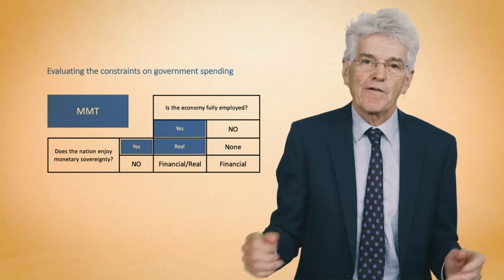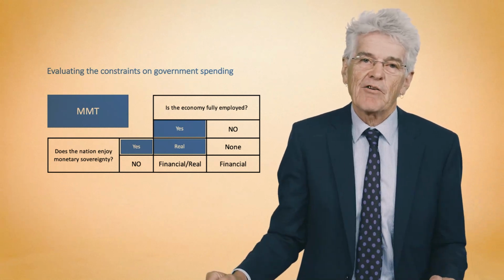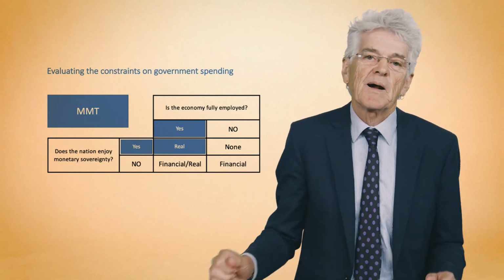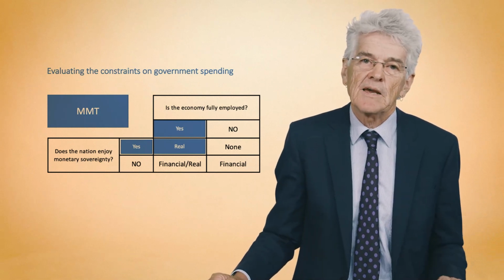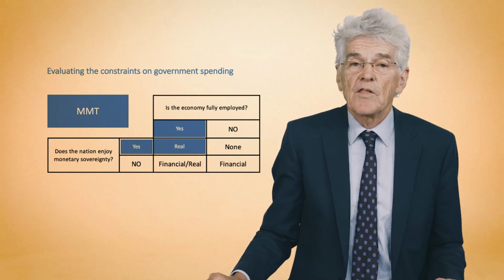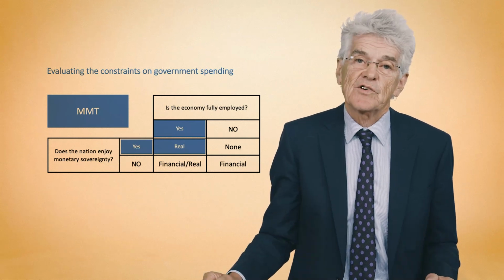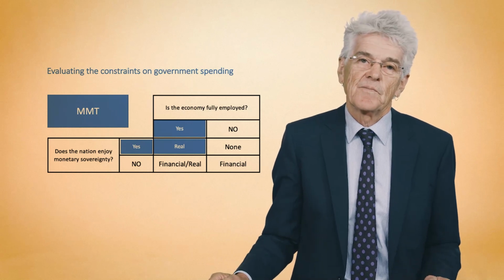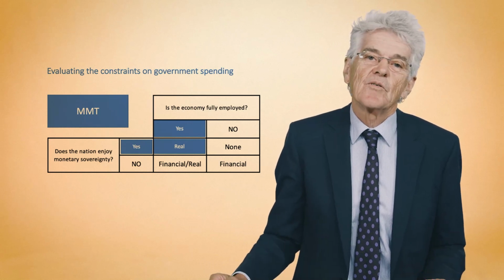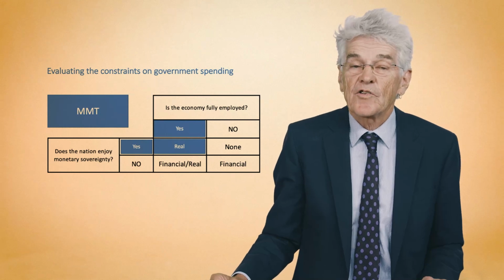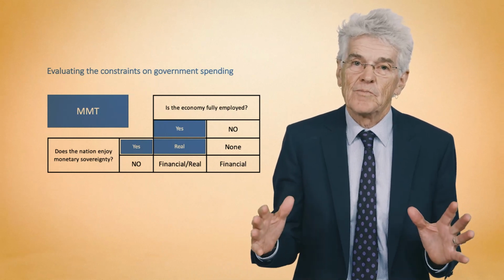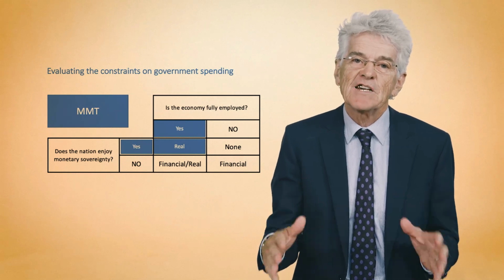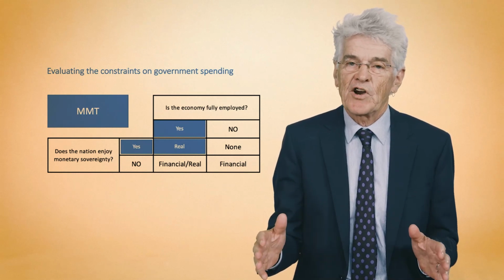So the government could go and offer higher wages to workers that are currently working elsewhere and could persuade them to shift into the public sector and do jobs there. But the problem is that it would then cause inflationary pressures in the economy. And so under those circumstances, the government's constraint on its spending is real resource availability. It comes up against an inflation barrier, to use the jargon.